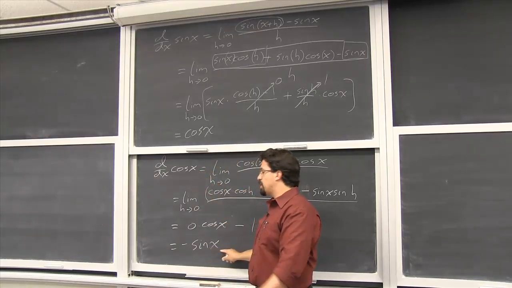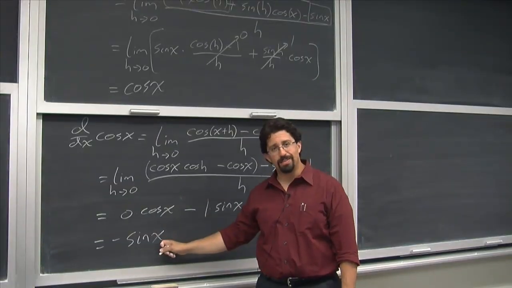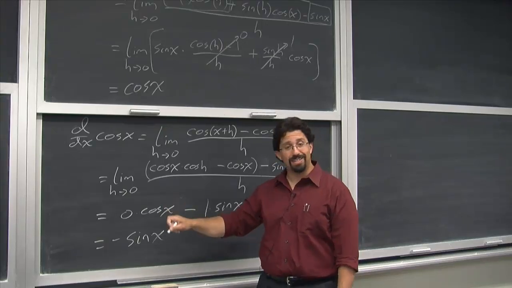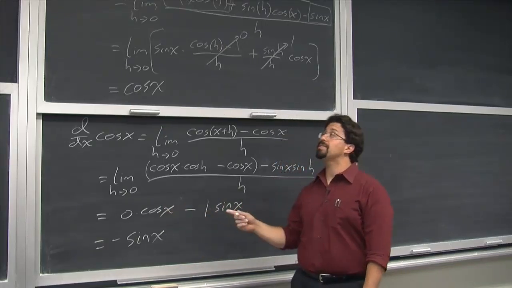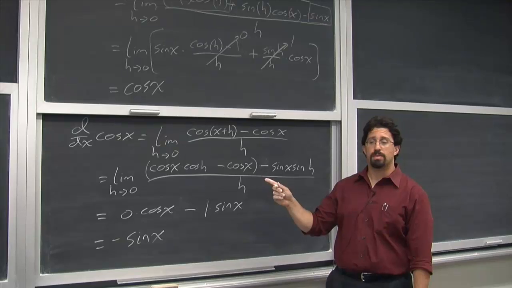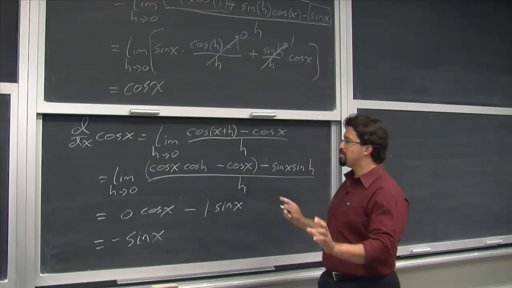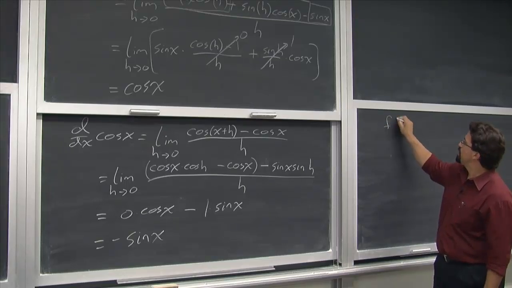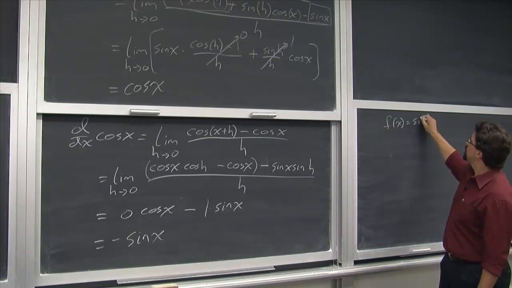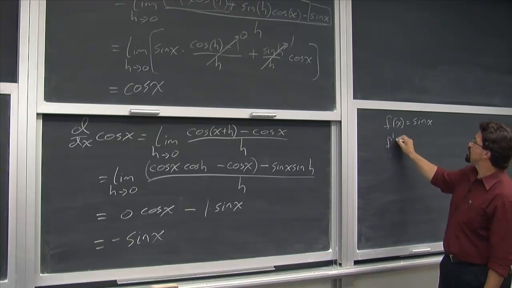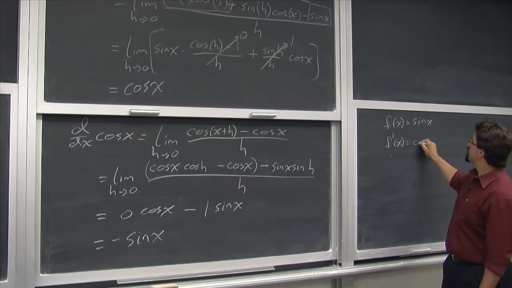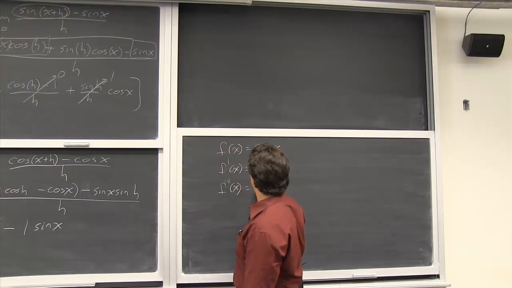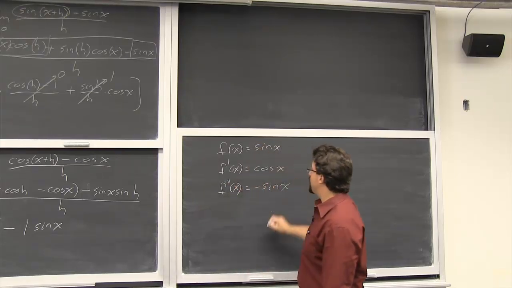We spend a moment thinking about it. If I took the derivative of that, I would get negative cosine. Derivative of that again brings me right back to sine of x. So what we have, and this is an interesting situation, we begin with f of x is equal to sine of x. F prime of x is cosine of x. The second derivative is negative sine of x.